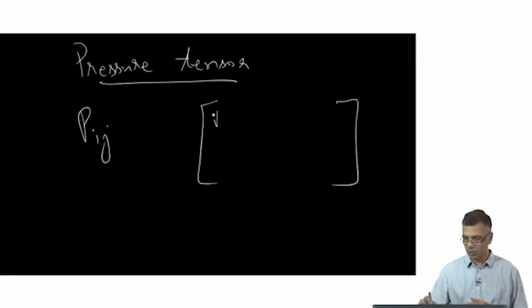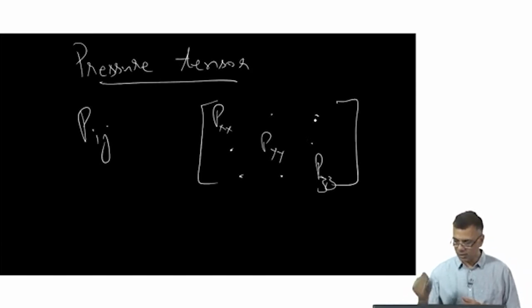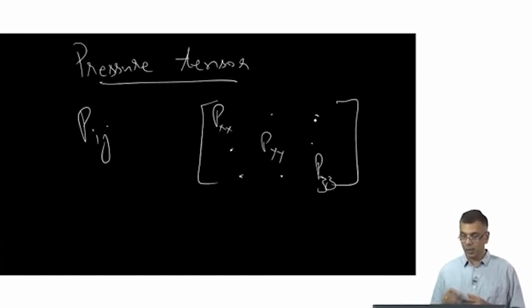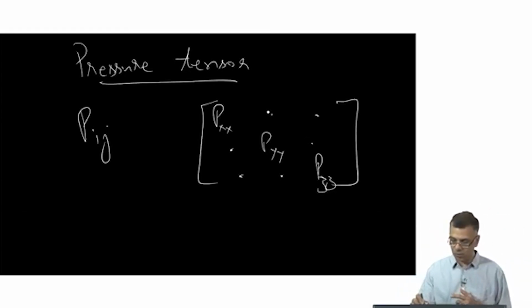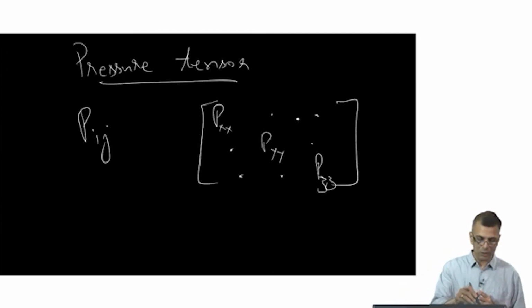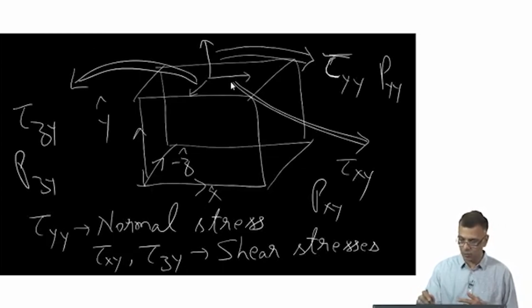You would have a Pxx, a Pyy, a Pzz, and the cross terms here, here, and here. So this would be Pxy, Pxz, and so on. Remember, these cross terms are associated with shears.